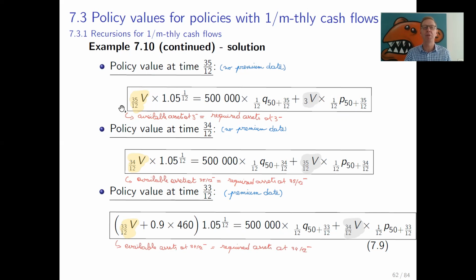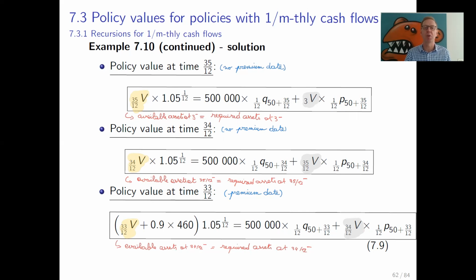Notice that time 35/12 is not a premium date. So we start at time 35/12 with the policy value V 35/12, and this is accumulated by 5% interest over the coming month. So this will be what is available at time 3 minus.